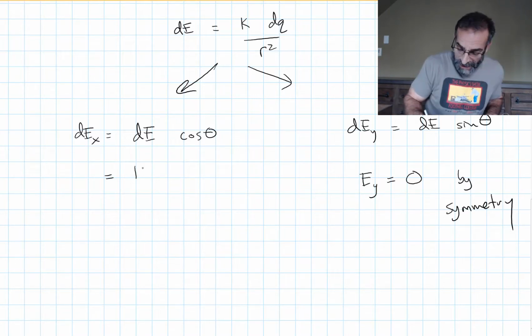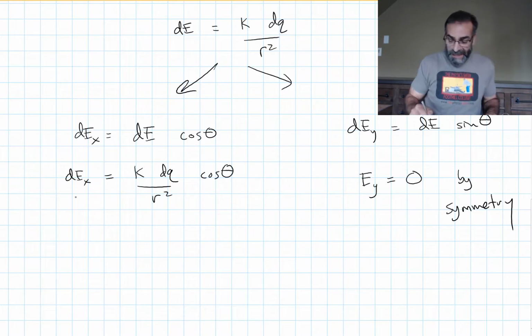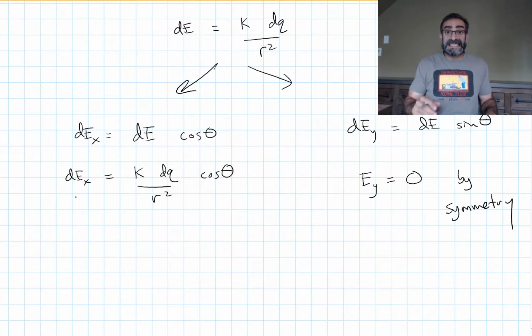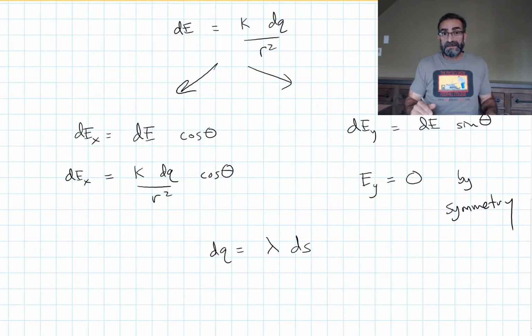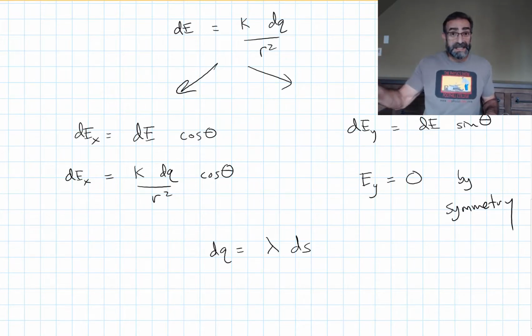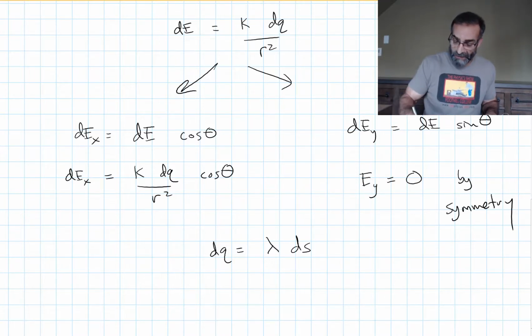We'll plug in dE is k dq over r squared. And now we want to figure out what dq is. dq is always lambda times our length element, ds. If lambda is constant, like it was in the previous lectures, then we could just plug in the total charge over the total length for lambda.